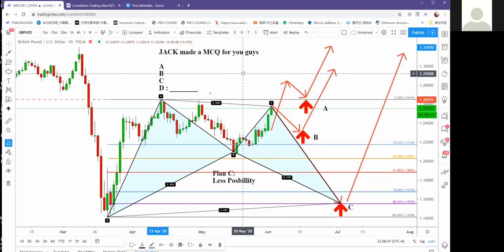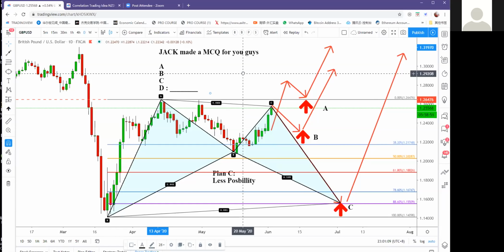What is a good mindset by looking at these 3 possibilities? Astonio says C. Yeah, C will give you a very, very good entry.